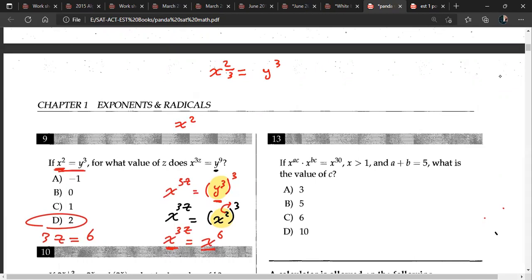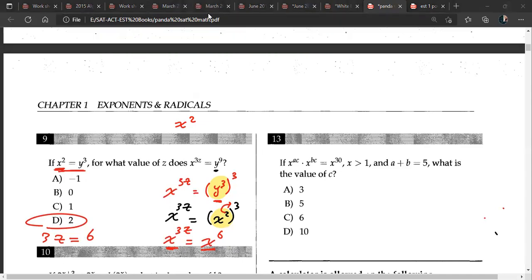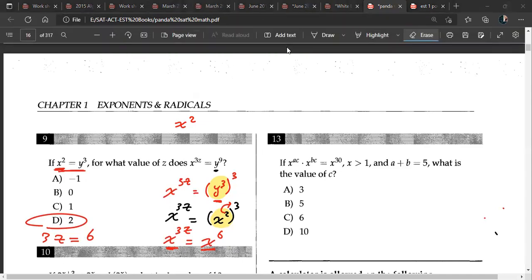2 divided by 3 is equal to 3z divided by 9. Yeah, I will write in chat. I guess it's okay. 1 second. 2 divided by 3, 3z divided by 9.